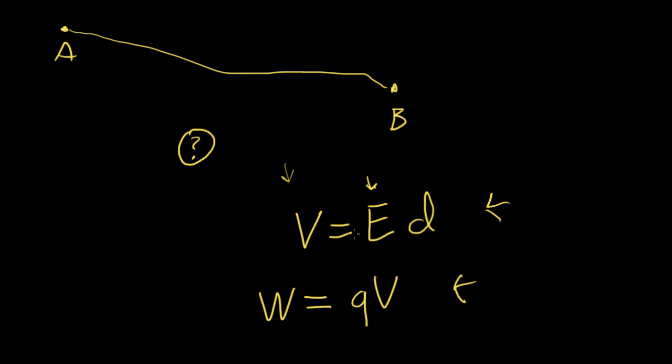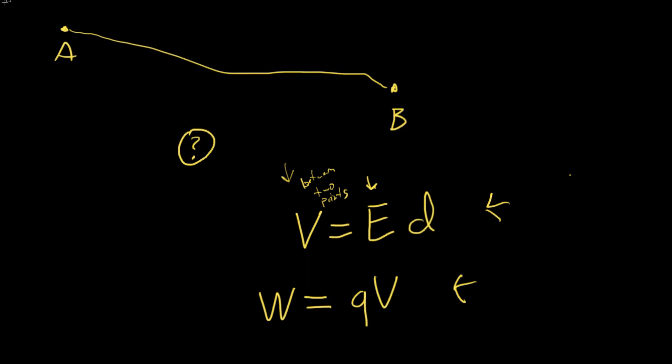But for today, voltage is the potential to do work. Remember, the potential to move. It's the electric field times the distance between 2 points. This is voltage between 2 points. And the work done by moving a charge is the charge times the voltage.